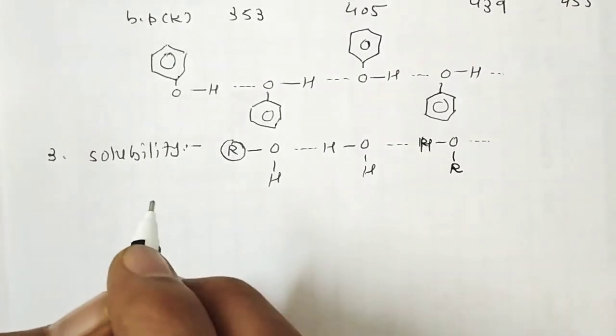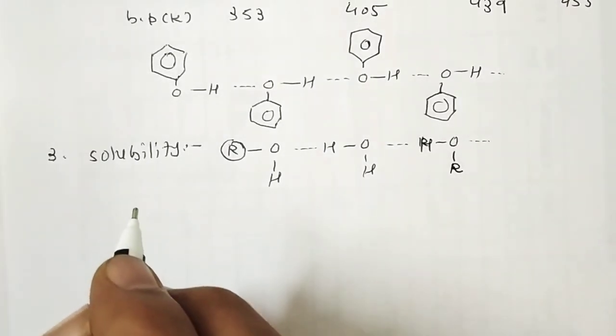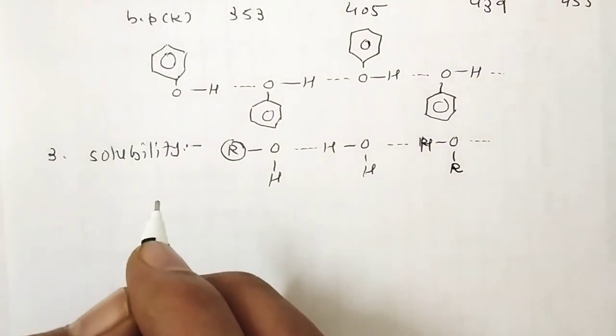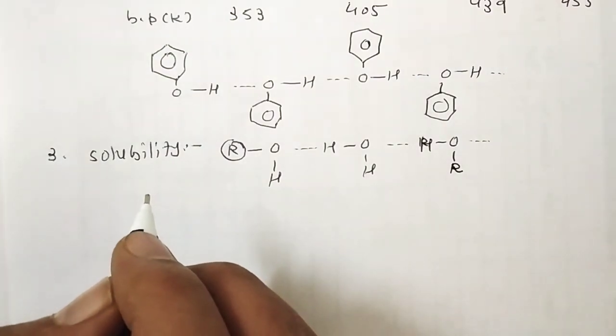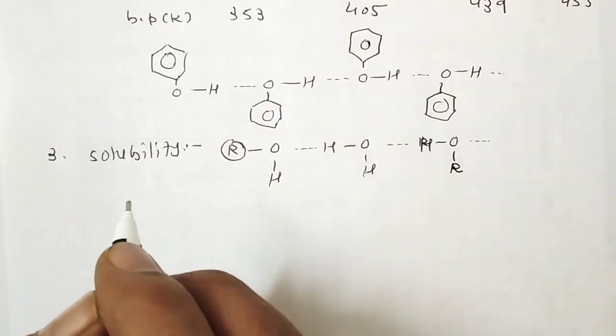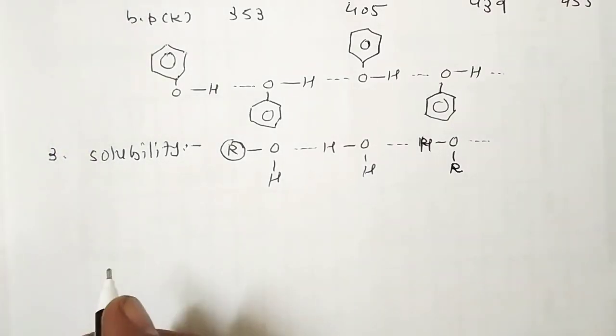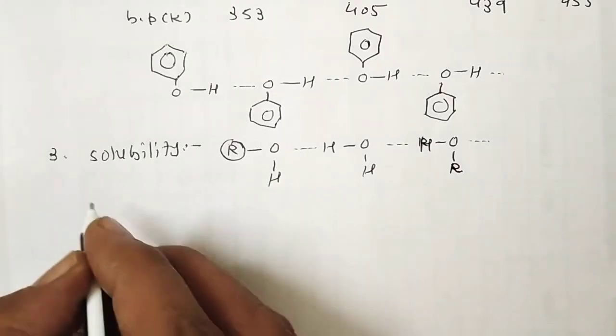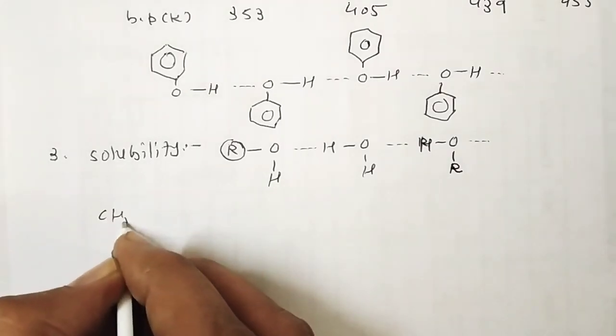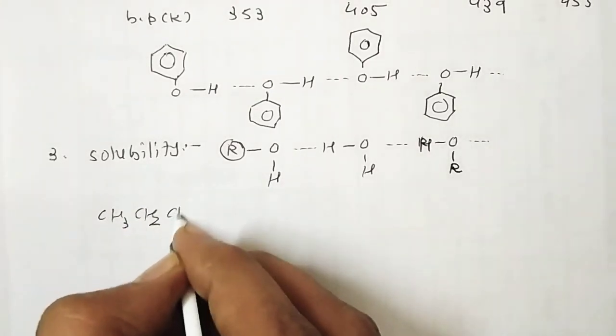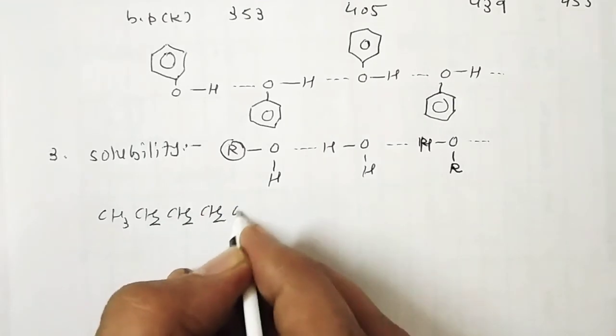In other words, the solubility of alcohol in water decreases with the lengthening of the carbon chain. For example, normal butyl alcohol is CH3, CH2, CH2, CH2, OH.